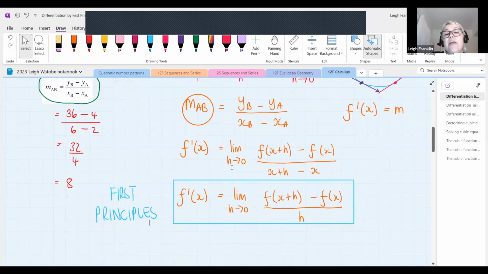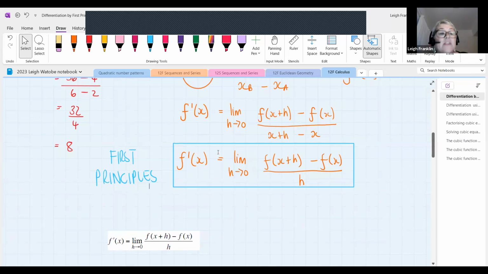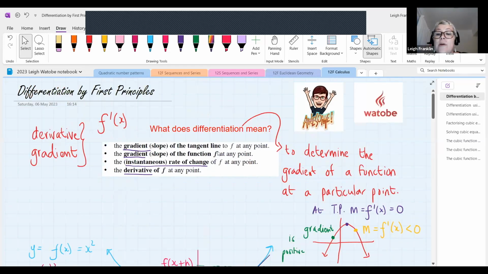It's just that we've changed some of the notation, and now you understand where f of x plus h and x plus h minus x in the denominator come from. What they will expect you to be able to do is work with this. And that's what our first question is going to be on.